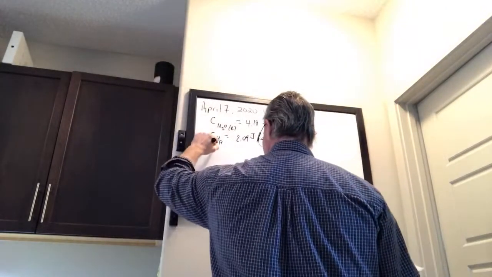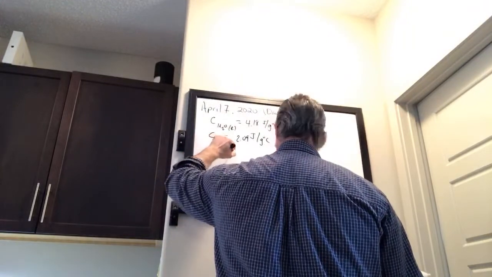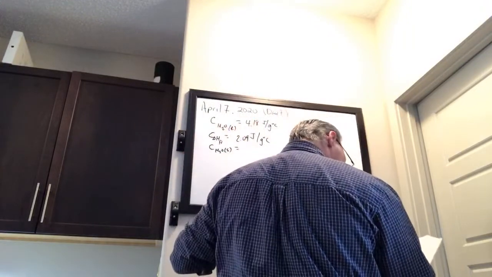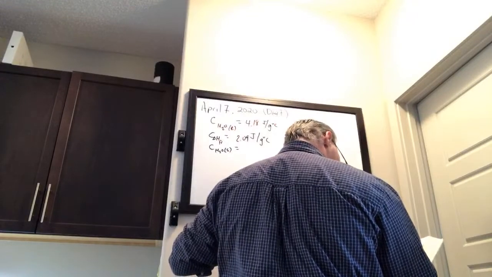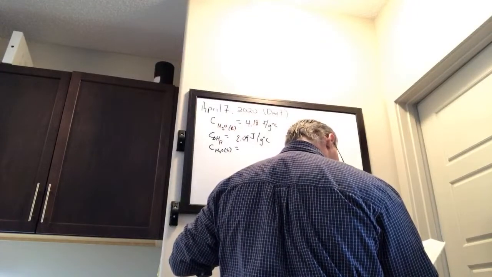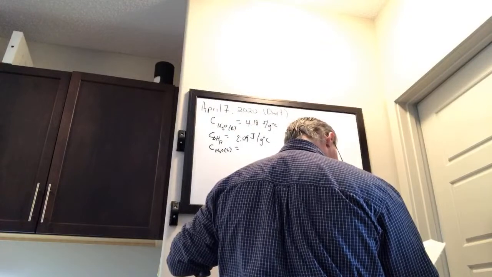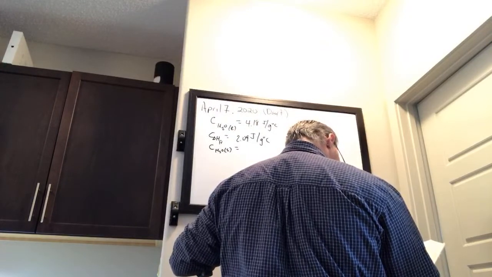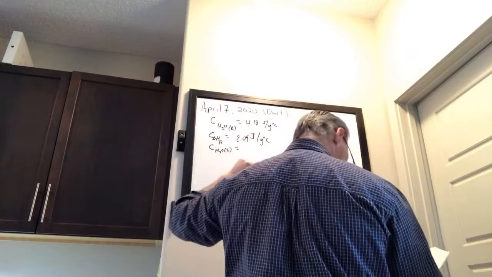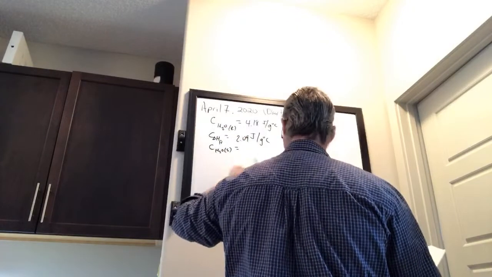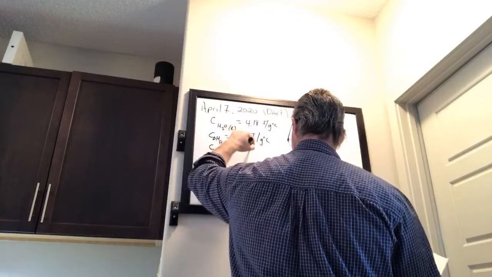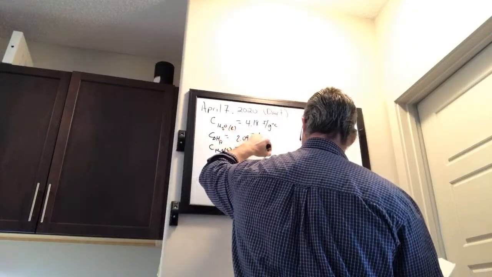So C for H2O solid, it's not 4.18. Okay, no, sorry, ice is 2.09 joules per gram degree Celsius.